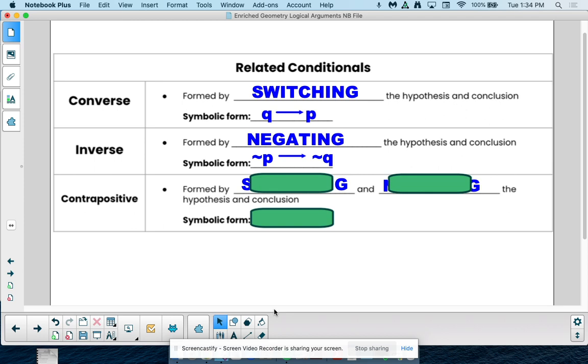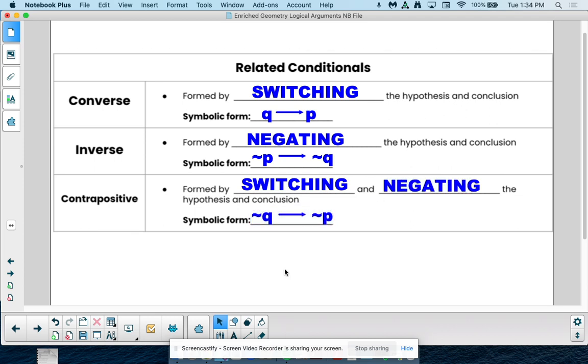Not P implies not Q. And then the contrapositive is both. We're going to switch the order and negate them. So not Q implies not P. This looks a lot scarier than it is. This is not hard. This will be fine.